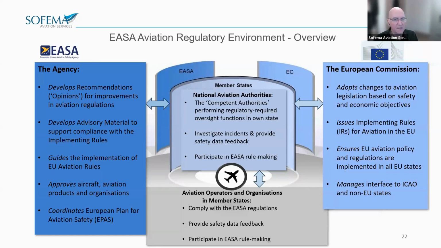The whole EASA regulatory system is based on monitoring safety performance and then making recommendations, called opinions, to the EC, the European Commission, for regulatory changes, where these changes will improve safety and/or efficiency.